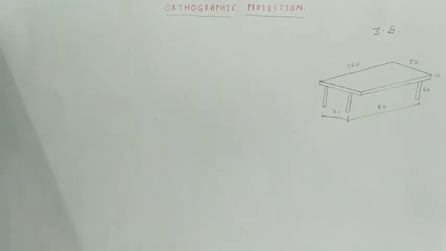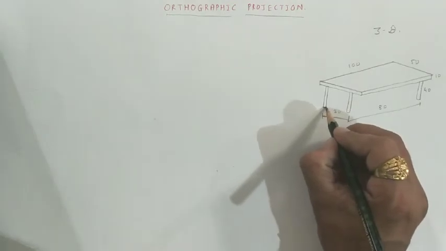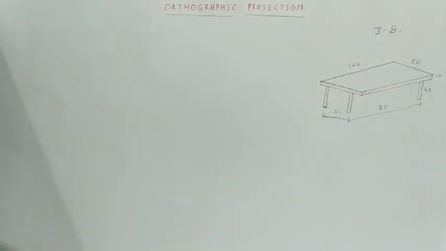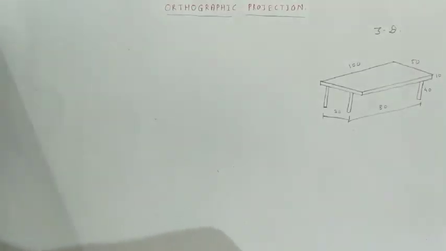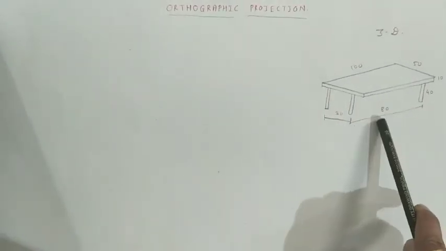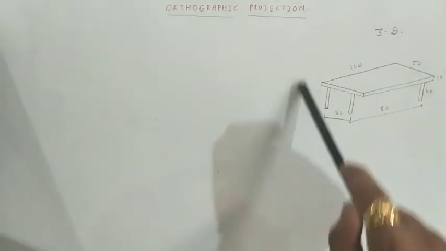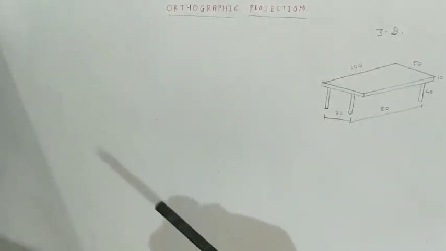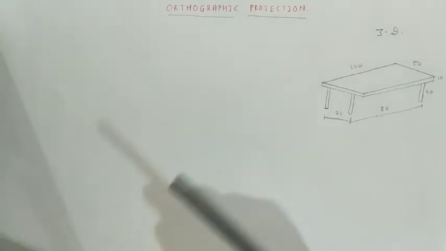What else we can give here is the information regarding the shape of the leg, right? You just imagine, if I give you this drawing, you are a manufacturer of the table, and if I provide you this information on paper, can you give me the table, or do you need some more information regarding the table?